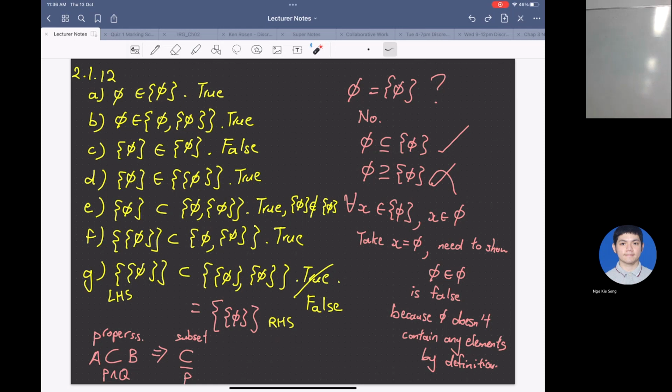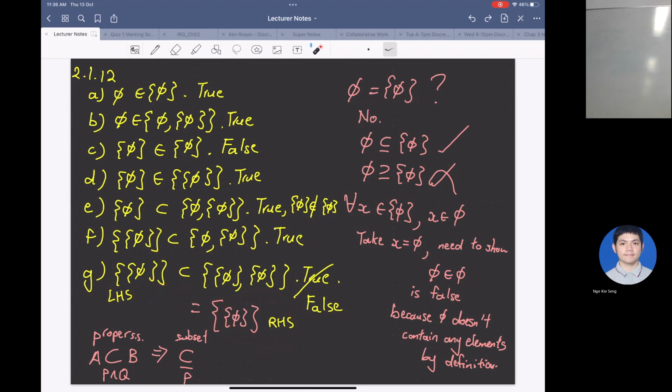Okay, but G asks for a proper subset. For a proper subset, you need to show that the left-hand side is a subset of the right-hand side, and also there exists an element in the right-hand side which is not in the left-hand side. The answer is false, because you can't find an element in the right-hand side which is not in the left-hand side.